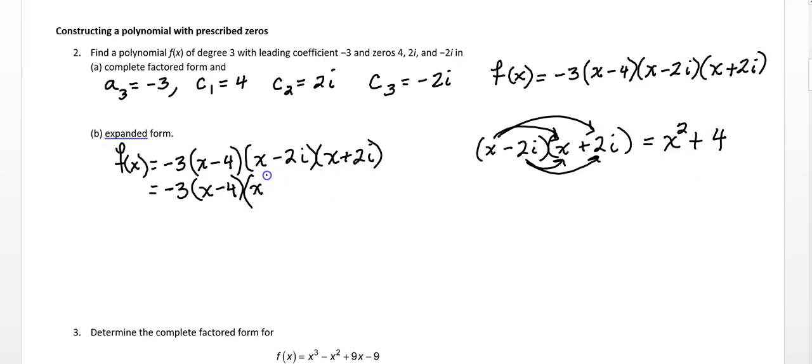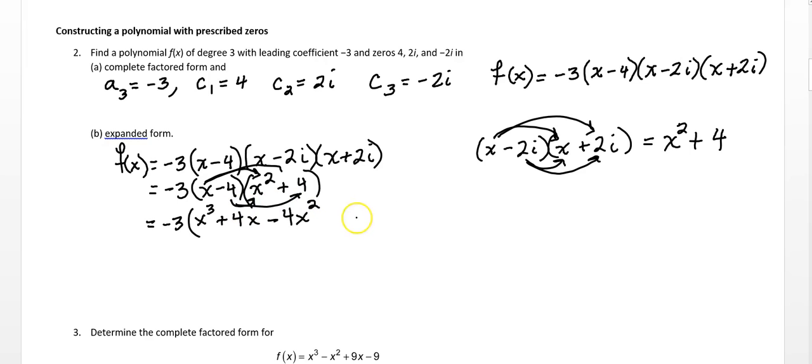So we're going to tack that on here. Next, we're going to multiply x minus 4 times x squared plus 4. So x times x squared is x cubed. x times 4 is 4x. -4 times x squared is -4x squared.